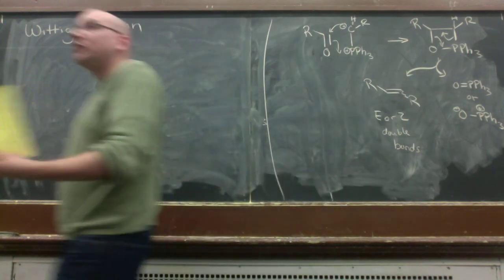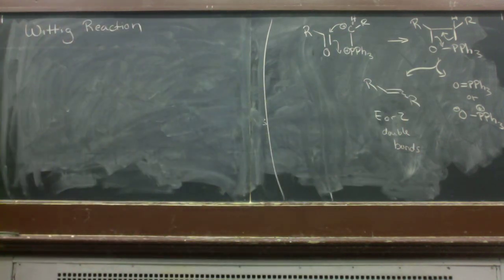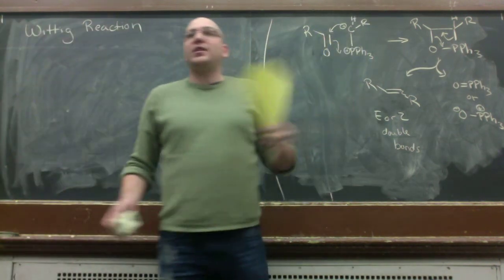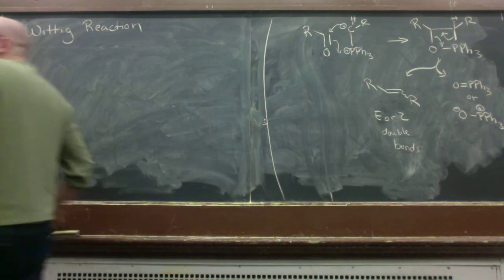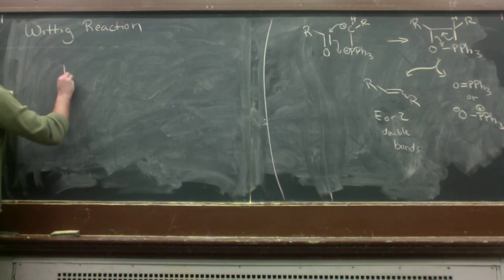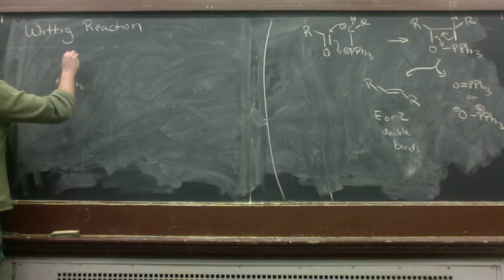That's actually useful. A lot of people use that. But if you have some type of group here, what you generate is going to depend upon the nature of that R group. And so I'll try to teach this to you as succinctly as possible.